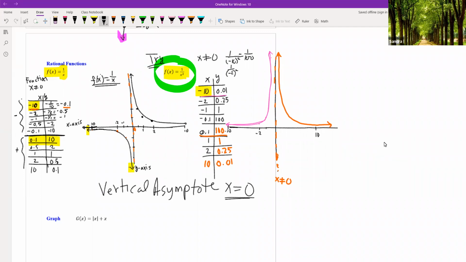Now we do not cross the y-axis. So in this particular case, it's not letting us know that we have this other asymptote, but we have another asymptote right here since we're not crossing it. And that will be y is equal to 0.